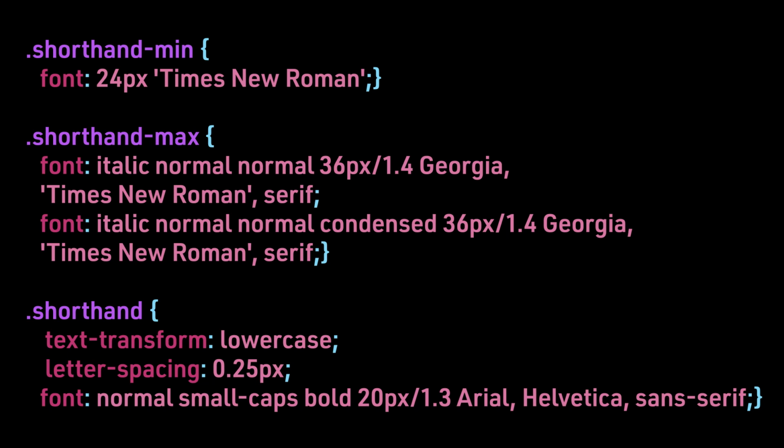The reason we put the statement twice is because if the browser is older and doesn't recognize font stretch, it may ignore the entire statement. So what we do is we do a fallback where we present the statement without the font stretch property and with the font stretch property.